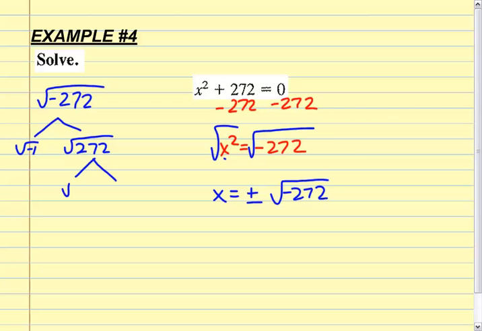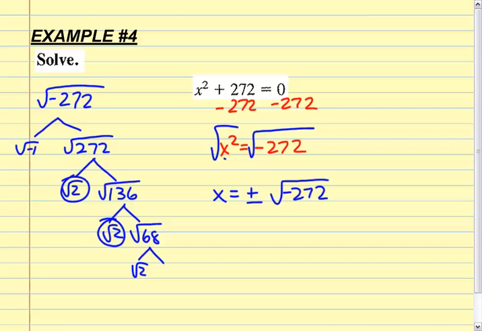This is going to be square root 2 times square root 136. That's square root 2 times the square root of 68, I think. These two I can circle. This is square root 2 times square root 34. This is root 2 times root 17. Those are both prime.